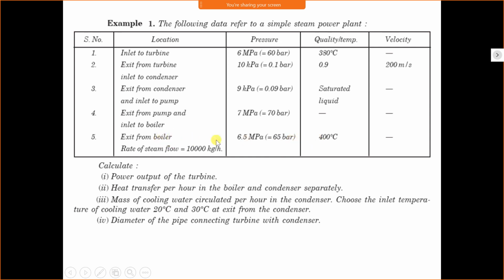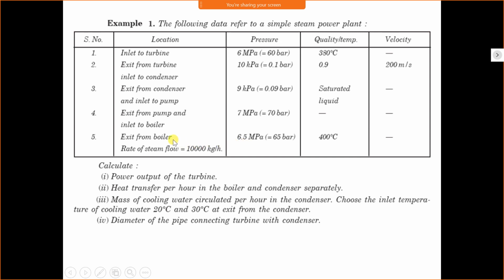Actually, exit from the boiler is 65 bar, but while reaching the turbine, 5 bar pressure is dropped. Exit temperature of the boiler is 400 degrees Celsius, but steam enters the turbine at 380 degrees Celsius. There is a drop of temperature by 20 degrees Celsius. Okay.